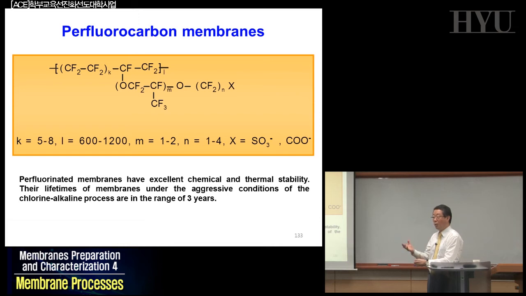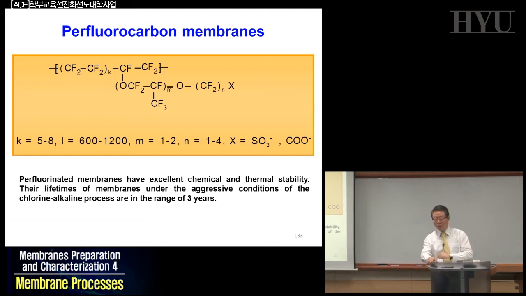You need water in space, but of course you can carry your water only to some point, so you have to reuse your urine, or you can generate electricity through the fuel cell, at the time. And Nafion was first manufactured by DuPont for that purpose.